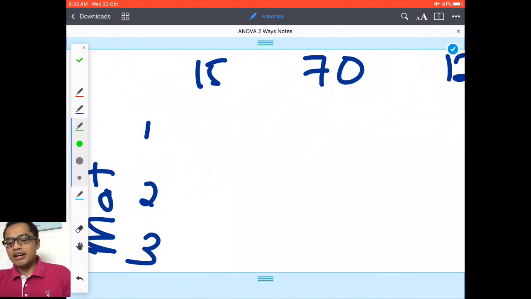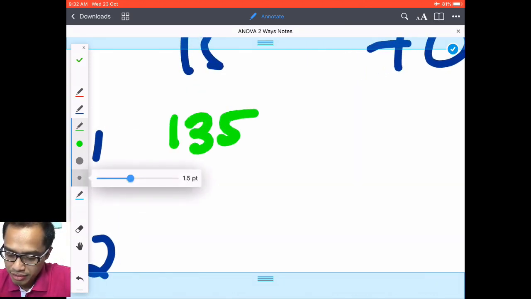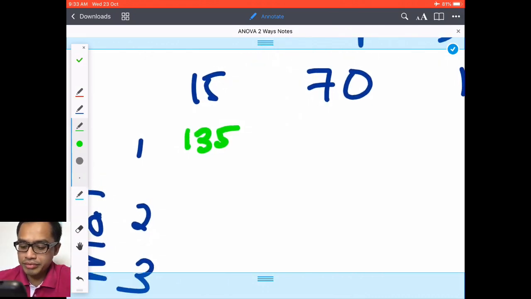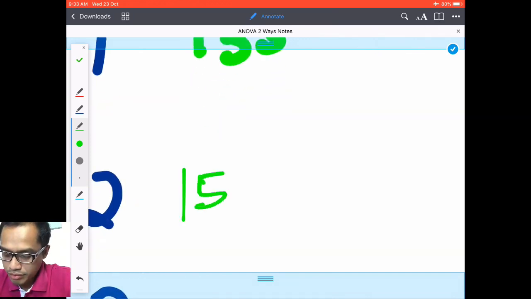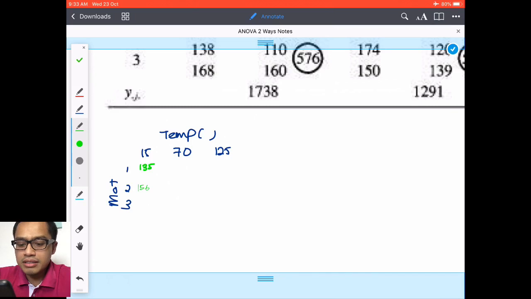Let's use the green pen. 539 divided by 4 is 135. 623 divided by 4 is 156, I just round it up. 576 divided by 4 is 144.